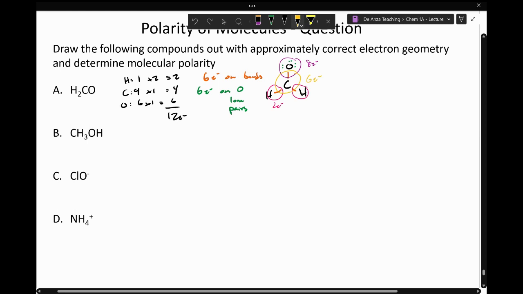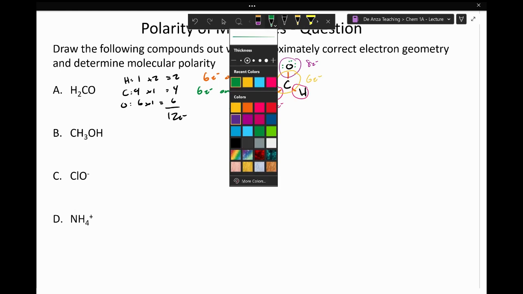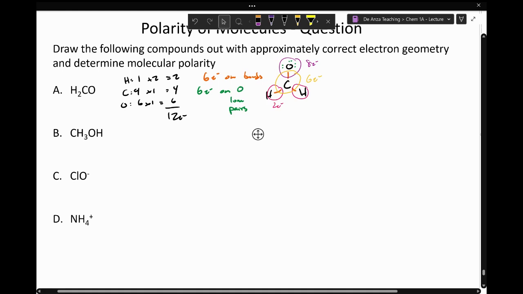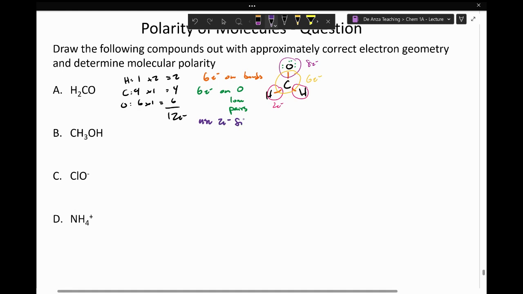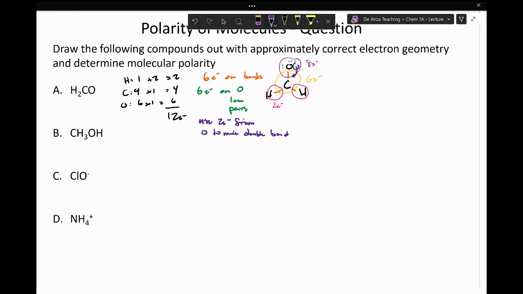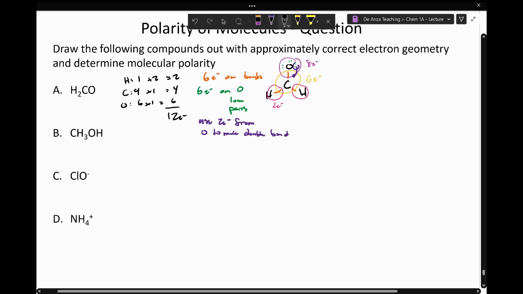In order to get my carbon up to those 8 total electrons, what I'm going to do is I'm going to use 2 electrons from oxygen to make a double bond. And so if I make that double bond, my net structure is going to be something like this. Carbon, double bonded to oxygen, hydrogen, hydrogen.